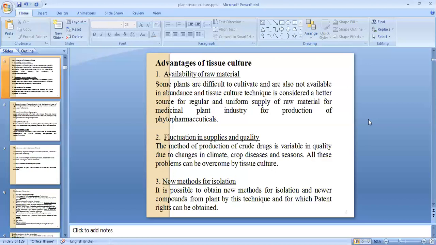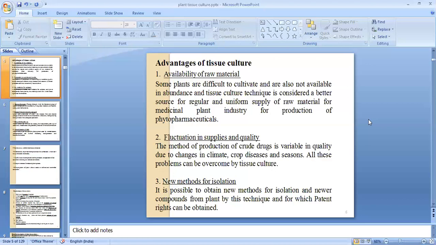Why? Because when you are cultivating the plant, climatic conditions or other environmental conditions affect the growth of the plant, and may not allow a regular and uniform supply of the raw material. So when you are producing the secondary metabolite through plant tissue culture, you will not face these kinds of problems.